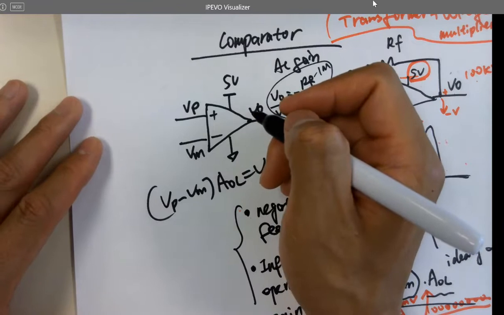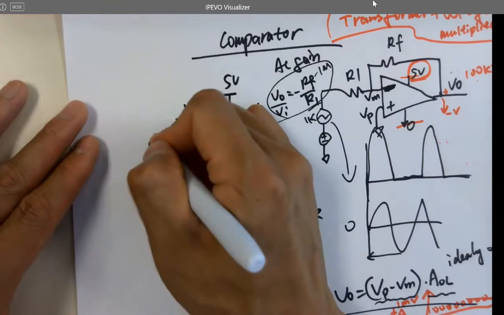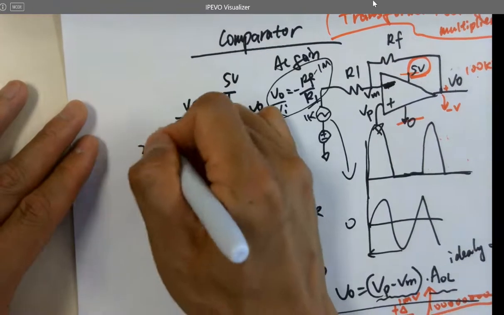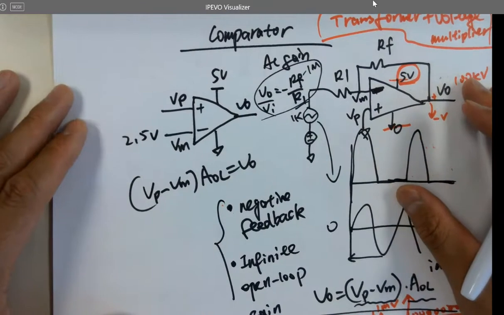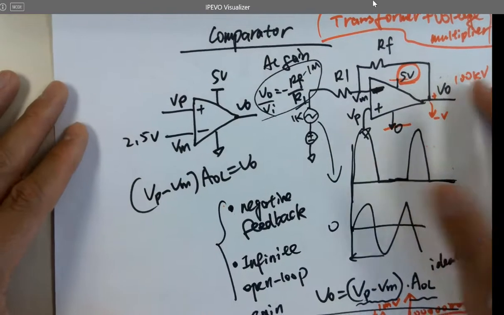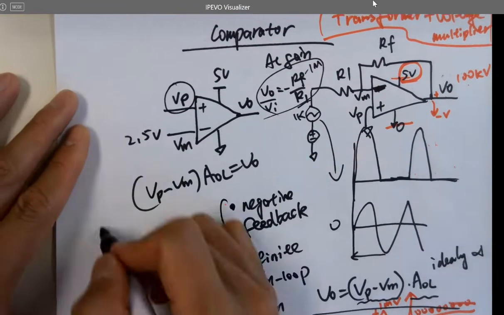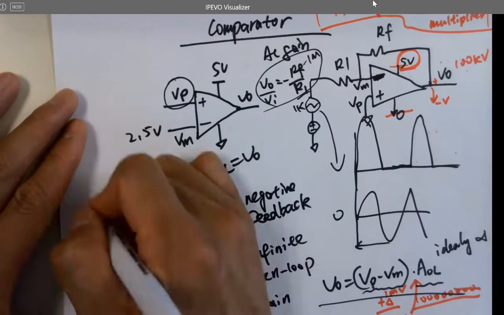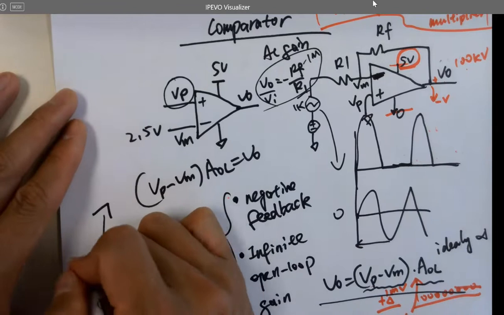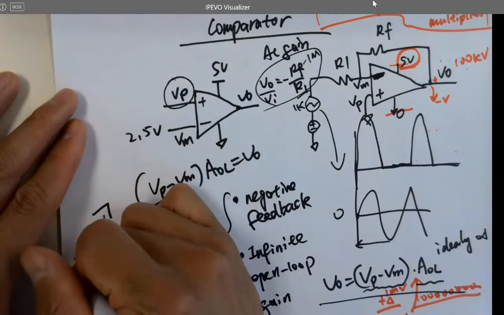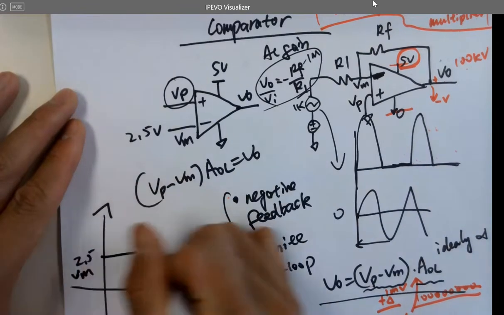So for example, if we have 5 volts, put 2.5, it's 50% of the full range over here. And I'm going to vary this voltage. Here's VREF or VM, 2.5 volts here.